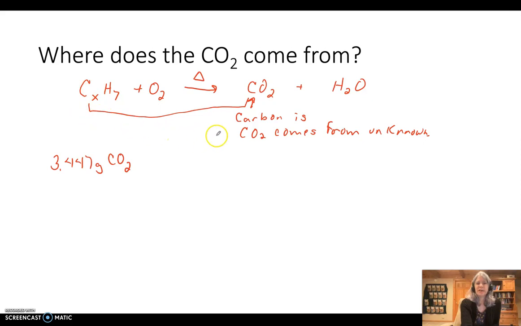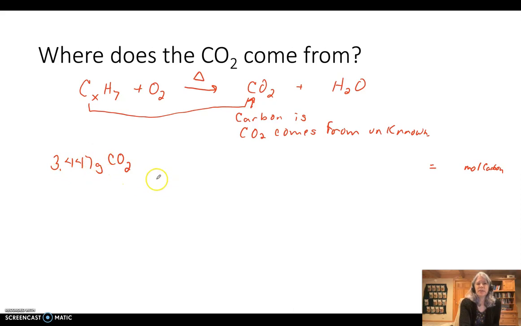When we burn all of this up, all of the carbon in here is converted to carbon dioxide. So what we want to find out is how much carbon do we have in there? So over here, I'll write an answer that I'm looking for, right? I'm looking for moles of carbon, right? Moles of carbon, because I'm interested in mole ratio that comes in over here.